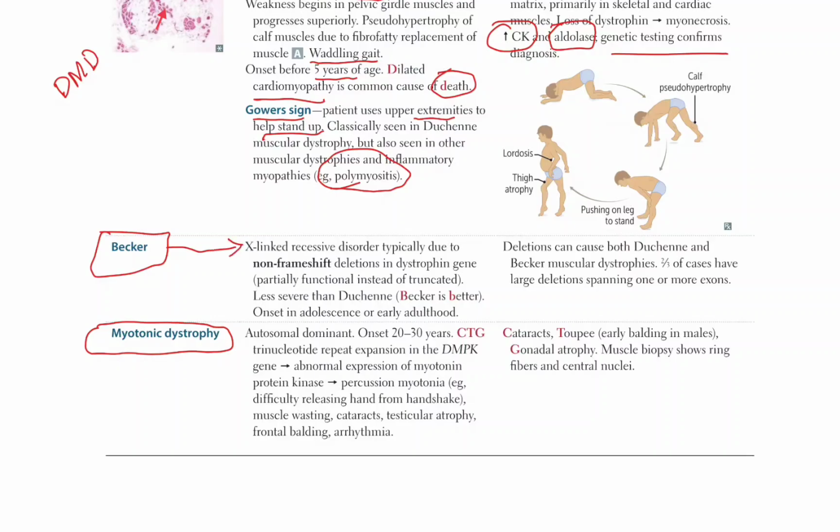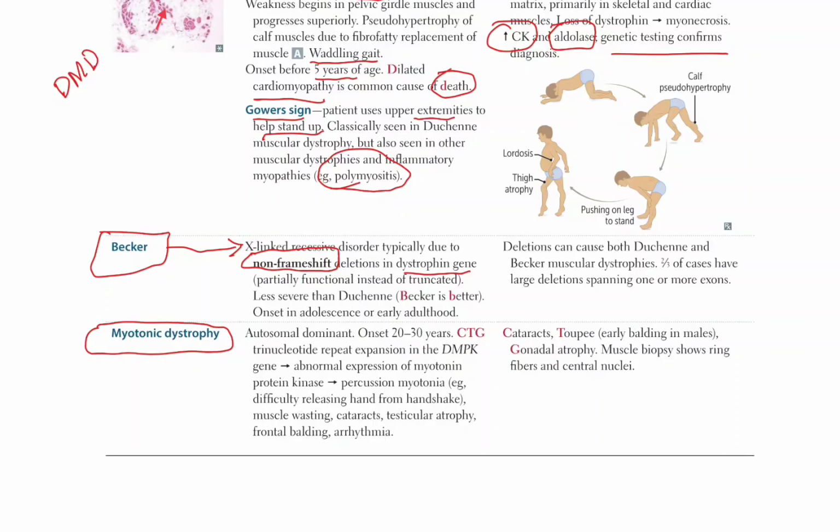Becker muscular dystrophy is also an X-linked recessive disorder, typically due to a non-frameshift deletion. Duchenne was due to a frameshift mutation or deletion of dystrophin, and Becker is a non-frameshift deletion in the dystrophin gene. It means dystrophin is not fully destroyed.